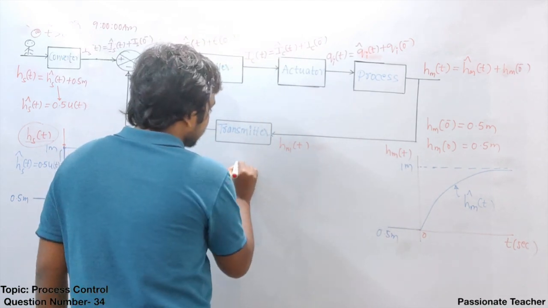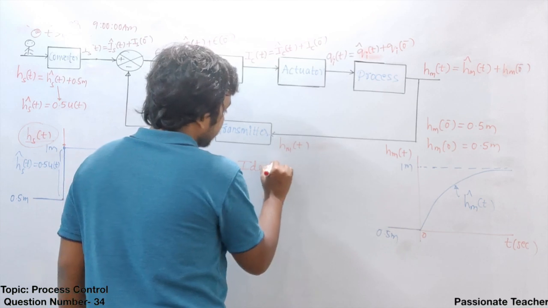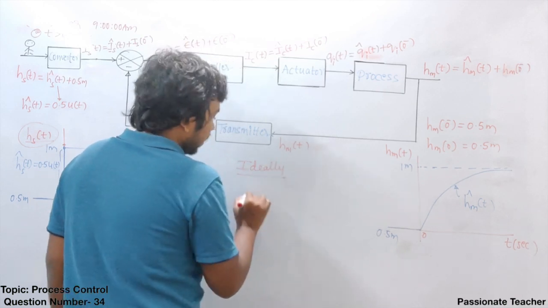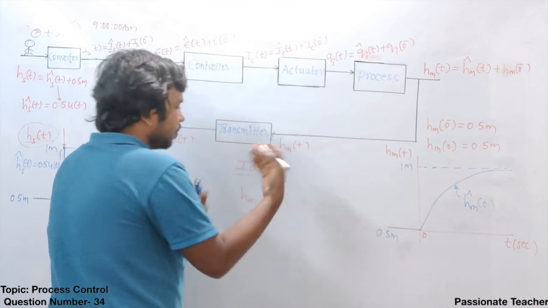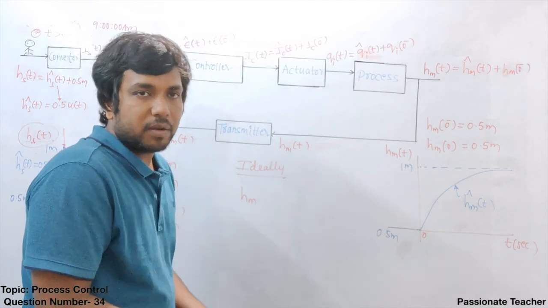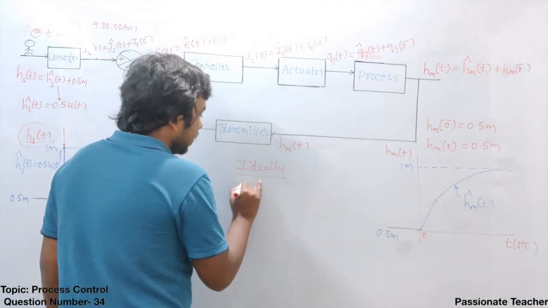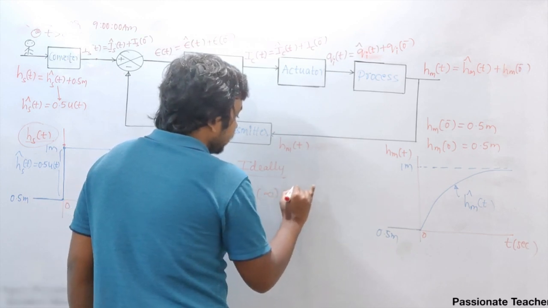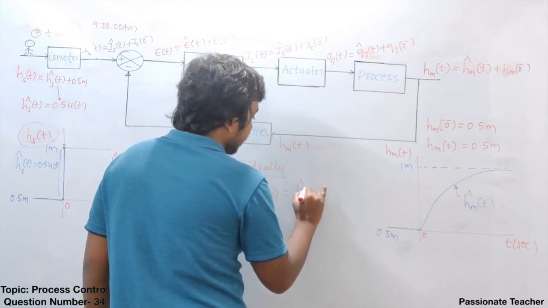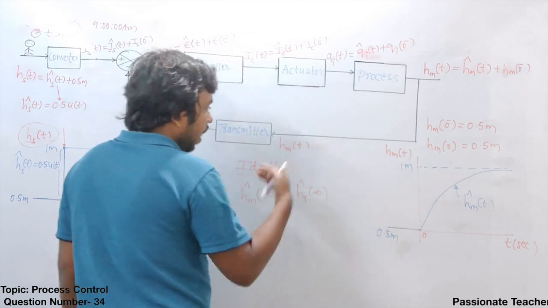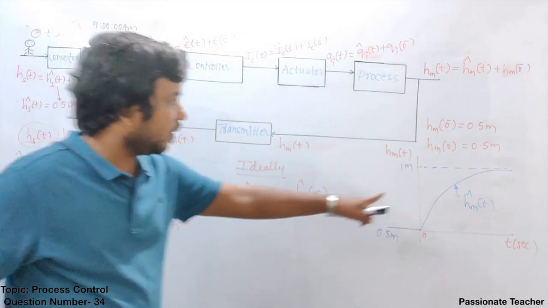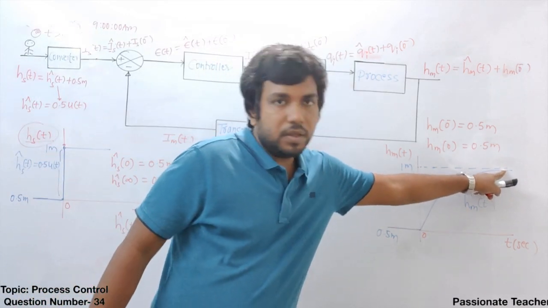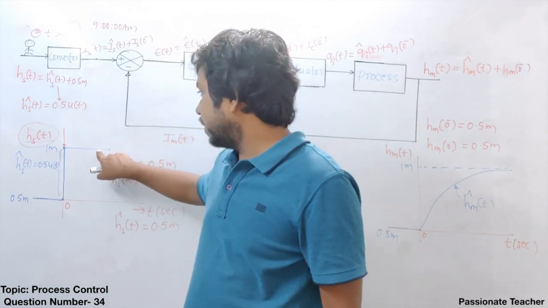Ideally, after this much explanation, you should understand quickly. Even after some time, it could be better if it happens very fast, but this deviation should be equal to hs cap of infinite. That means after some time, this value and this value both should be equal.